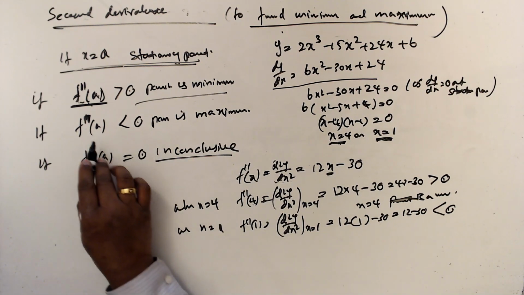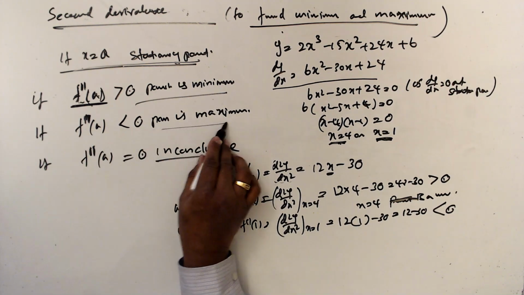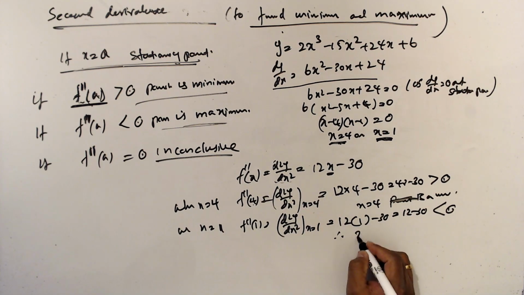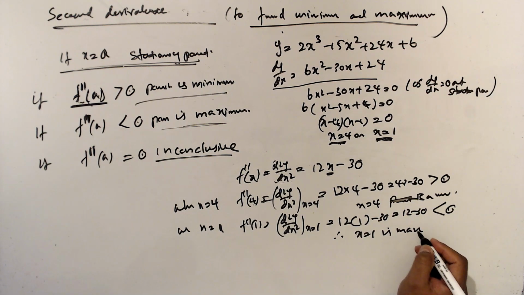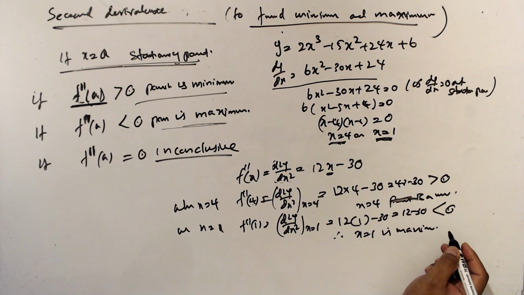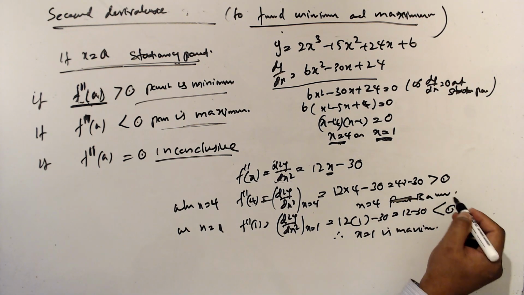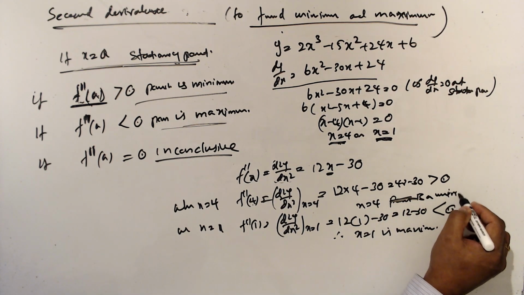Now if it is negative, hence x equals 1 is a maximum. So this is greater than 0, minimum.